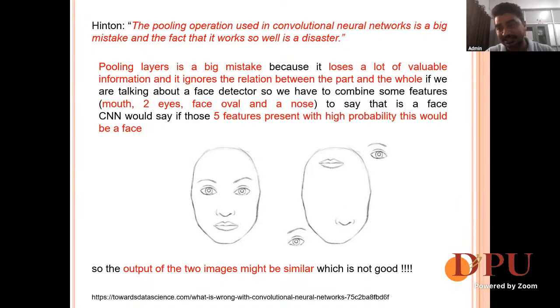But you are simply changing the positions, and the output of these 2 images might be similar, because even though you position those particular points in different locations, this localization will not affect the whole CNN model. So these are a few of the very basic fundamental limitations of CNN.